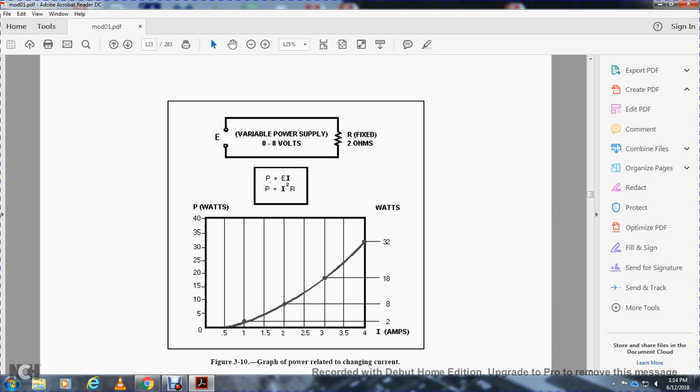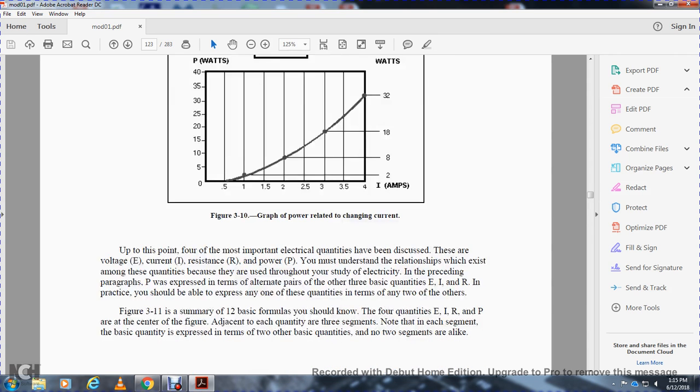You would have 2, 8, 18, and 32. Power in watts is equal to amps squared times ohms, and your watts are on the side here.